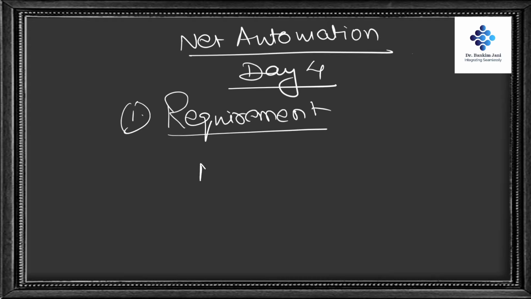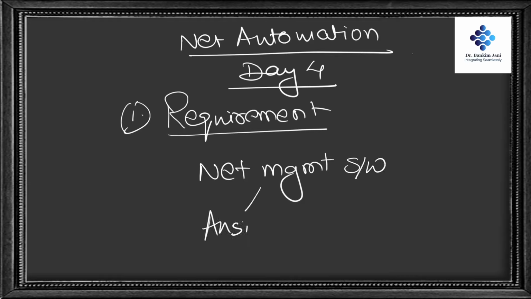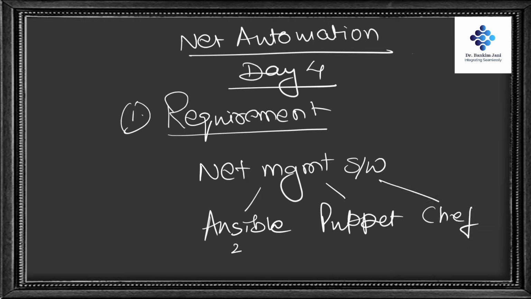And then we'll be talking about network management software, which are the network management softwares, and in that we'll be talking about Ansible, we'll talk about Puppet, and then we'll talk about Chef. So that would be second, third, and the fourth point for today.